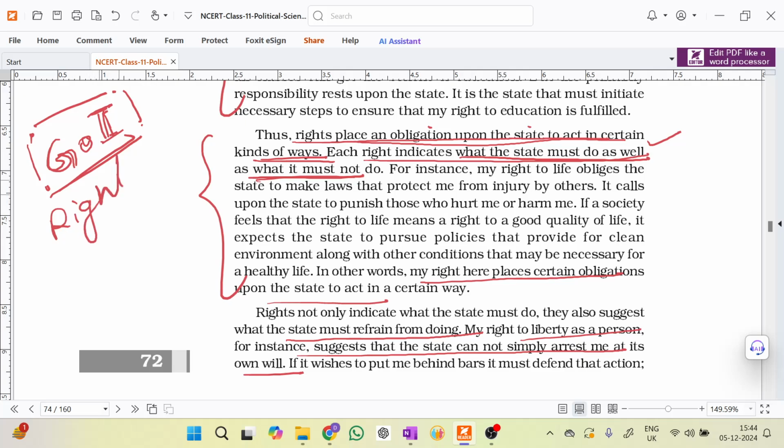Such as, if I invoke my right to life, that is Article 21, which is a fundamental right.